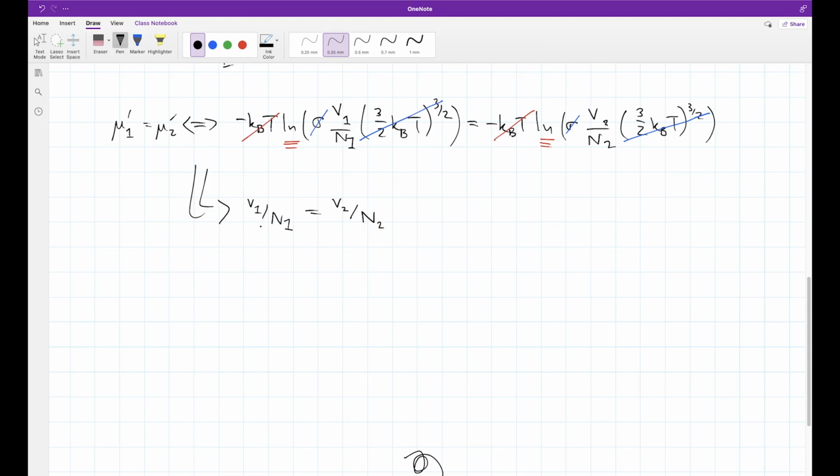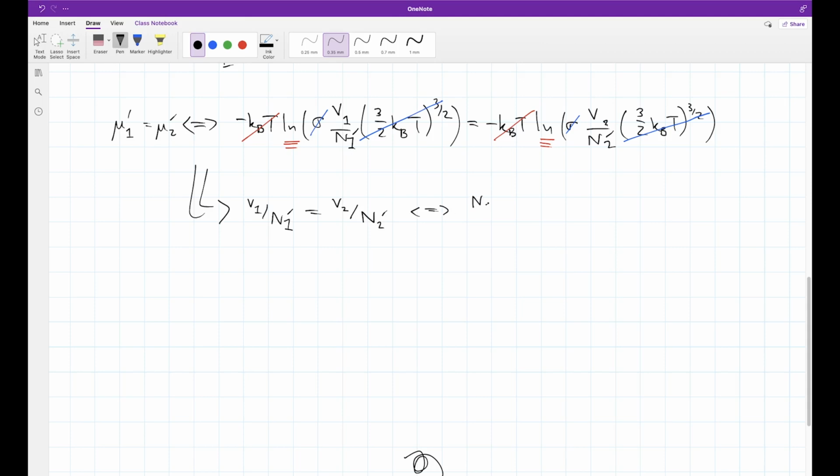Okay, so now we can start to actually solve this. And I apologize. I should have been putting primes here on these Ns because these are the Ns after the join. Now, I think it will be a little bit easier if we actually invert this equation.